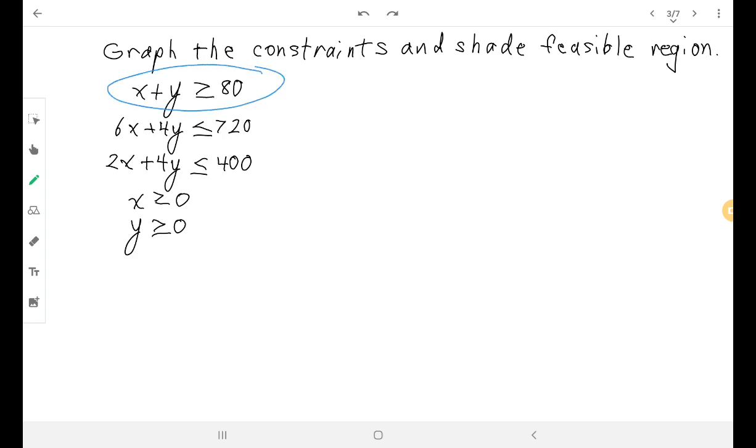So when you've got problems given to you like this, the easiest way to graph them is to get their intercepts. So if I'm doing x plus y is greater than or equal to 80, if I do the x-intercept, here's the way to think about intercepts so that they're easy to do, okay?